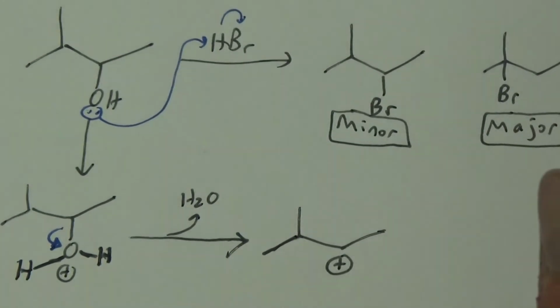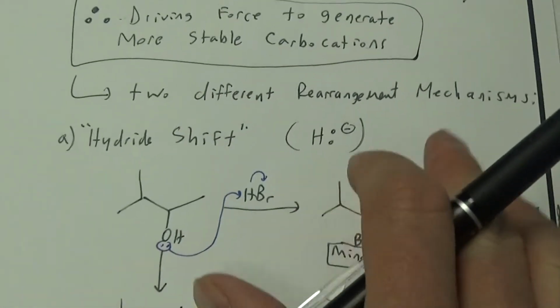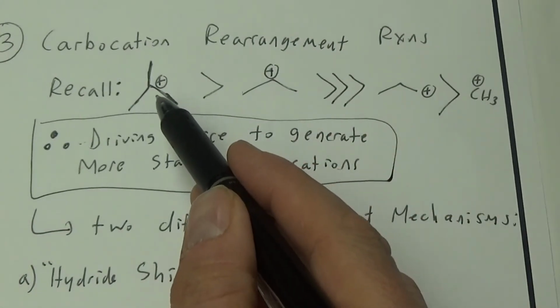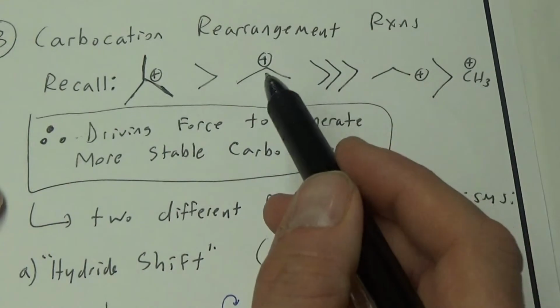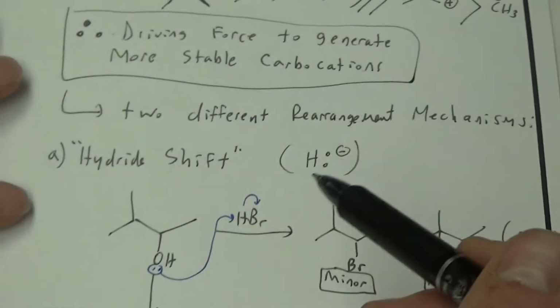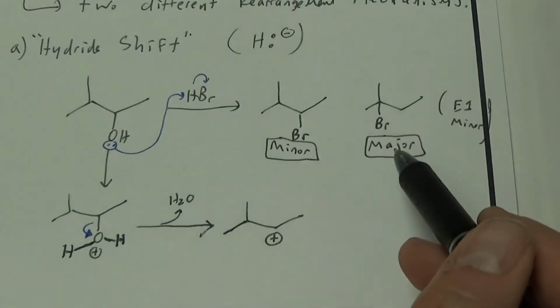But we just learned that something weird might happen, because tertiary is so much more stable than secondary, the secondary might rearrange in some manner to give a tertiary. That's what's going to happen, and that's why we get a major product like this.